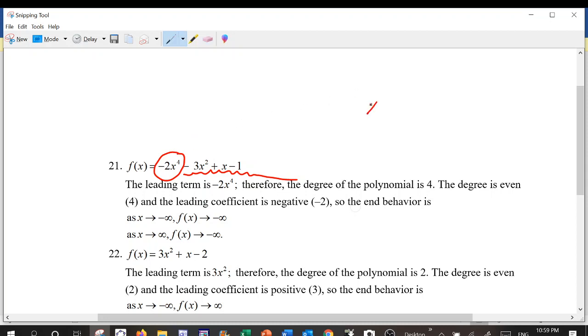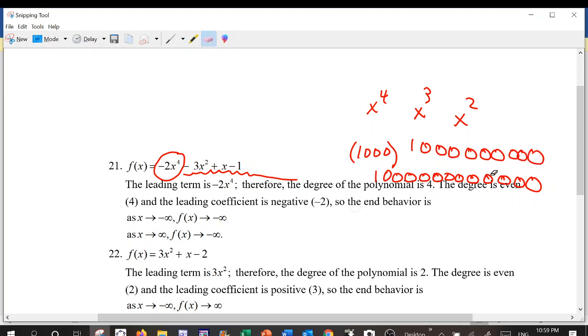Think about it. If you have x to the fourth and x to the third and x to the second, when x is, let's say, 1,000, then 1,000 to the fourth power is 1 with 12 zeros. That's a lot of zeros, right? But x to the third power is going to be 1 with 9 zeros.